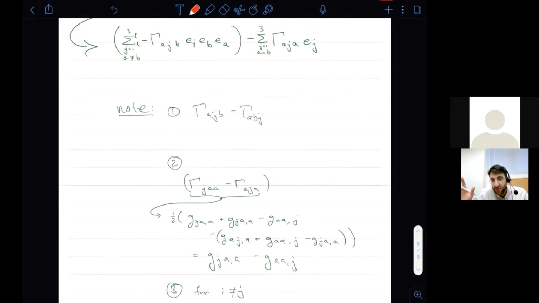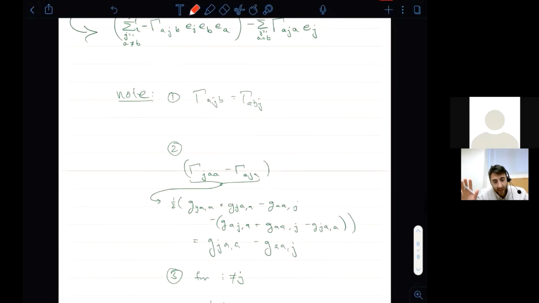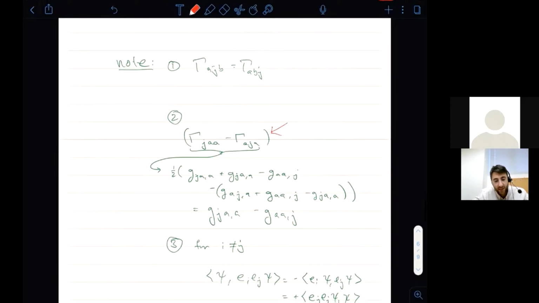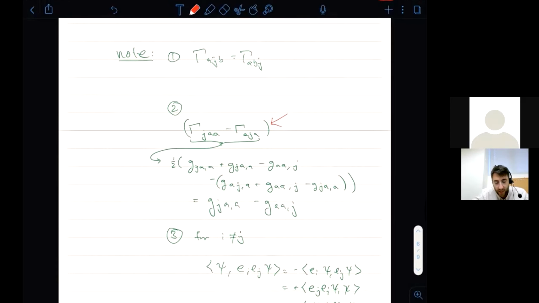How do you get to the desired outcome? Well, you'll find yourself adding up a bunch of terms like this, and if you write down these Christoffel symbols in terms of the metric, you'll have this going on in the terms that you encounter. You'll have an index 1 here, and then repeated indices in 2 and 3, and the repeated indices in 1 and 3.